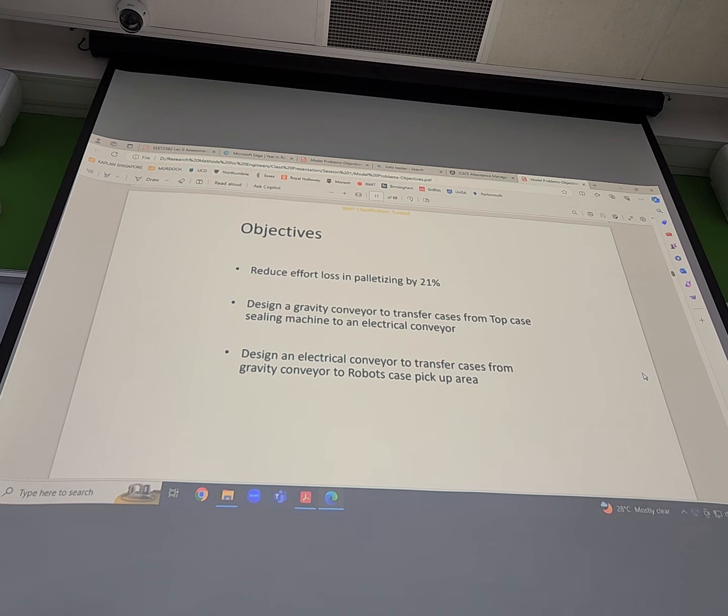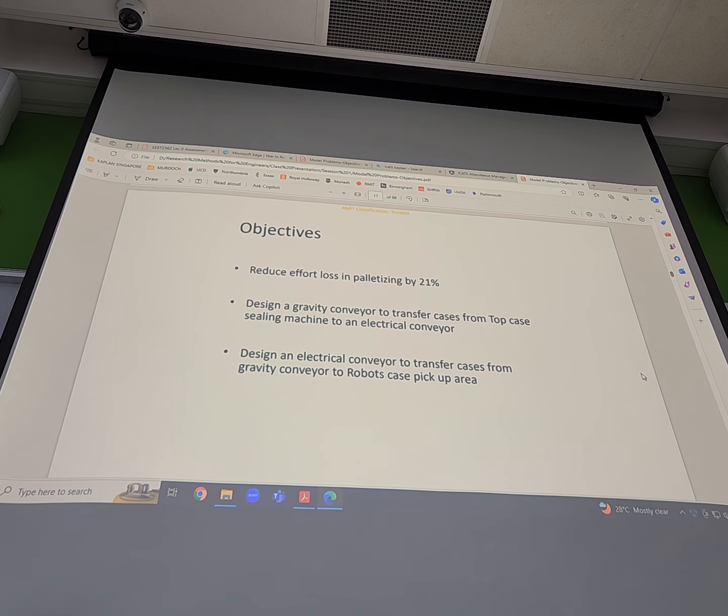So the objective is to reduce effort loss in palletizing by 21%. This is the target that is planned to be achieved by coming out with a new conveyor system.